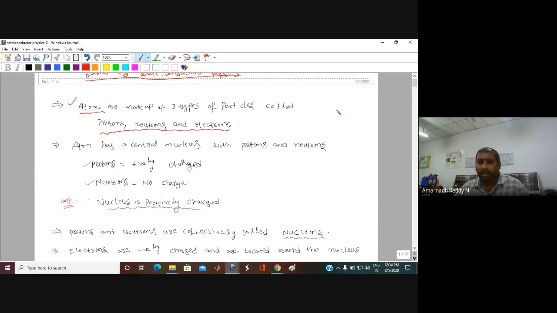If you take any carbon atom or silicon or germanium, suppose I take silicon, it has what is called the nucleus.